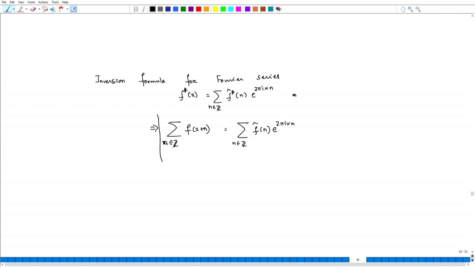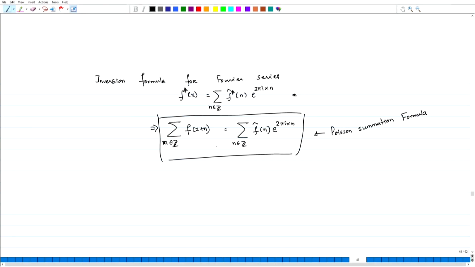So this is called the Poisson summation formula, which is extremely useful not only in mathematics, in the field of number theory, but also in signal processing and various other sciences.